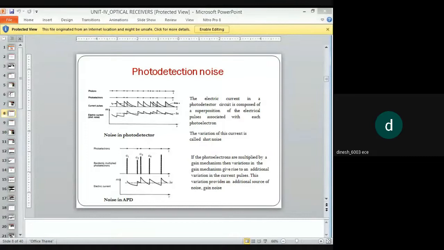The variation of this current is called the shot noise. So in the diagram you can see that the photons are present with these pulse amplitudes, and the photoelectrons will move in these pulses and amplitude. The current pulses will be going in this.